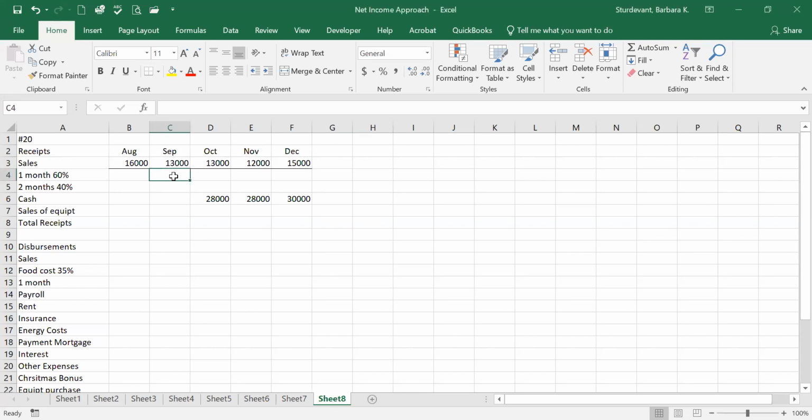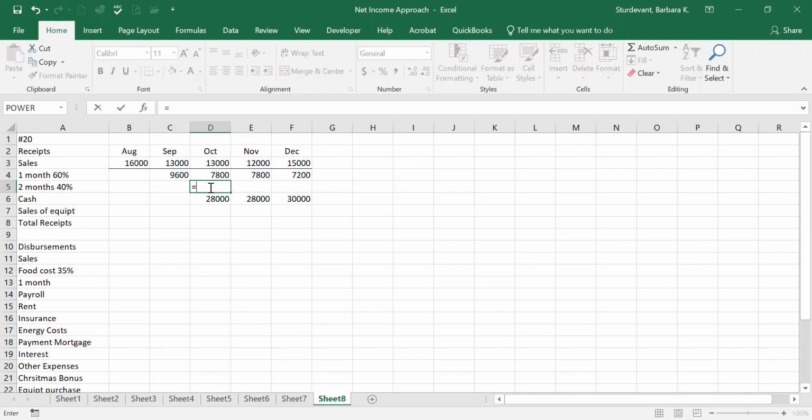In September, we're going to collect 60% of August. And that's going to go across. And then we're going to collect 40% 2 months later.